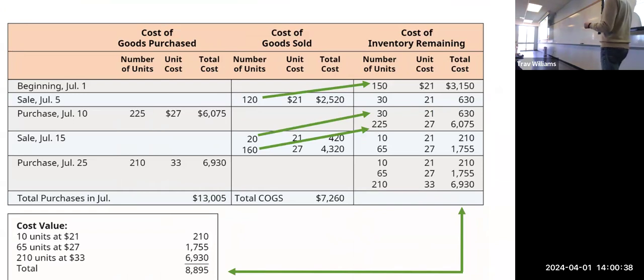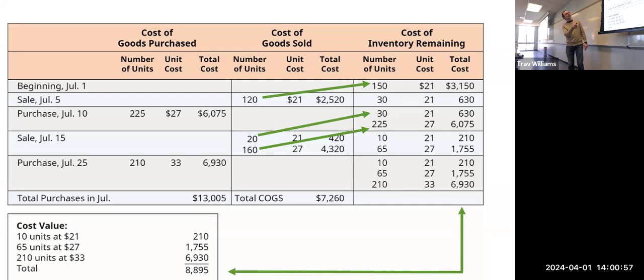This is how you track your inventory costs using the perpetual method. It's pretty similar whether you're doing specific identification, FIFO or LIFO. Weighted average is a little bit different. We'll get to that one later.